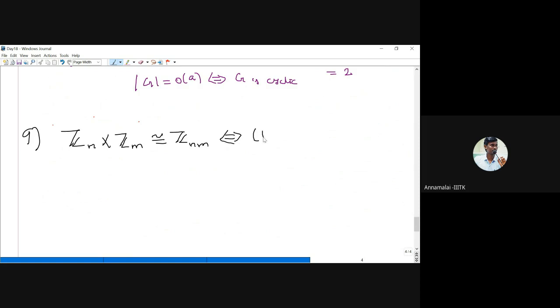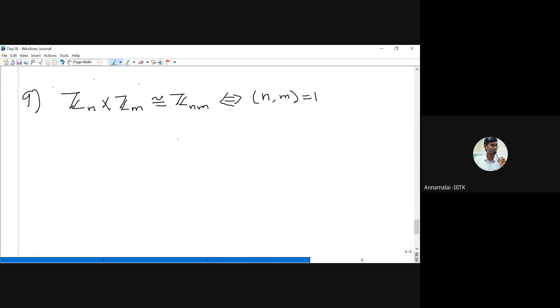It is a very important result. Only when the GCD is 1, otherwise it is not true. Therefore, we can easily say that Z2 cross Z3 is isomorphic to Z6.